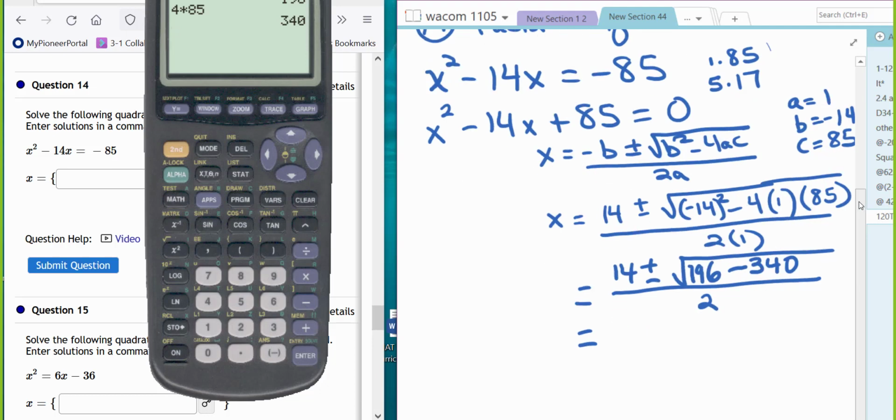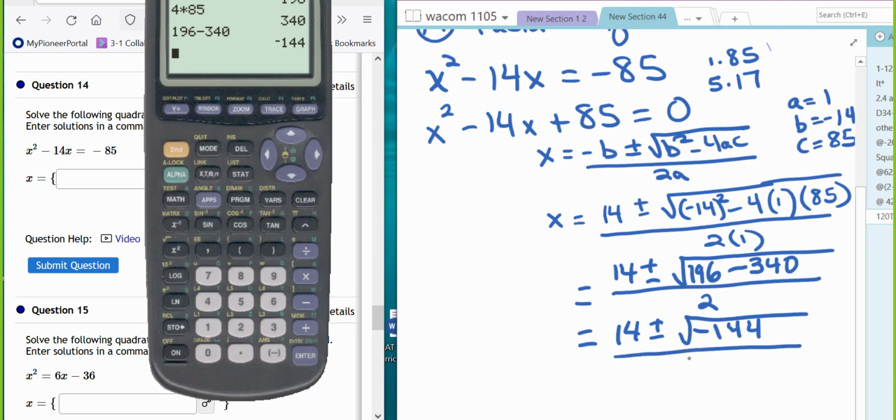So let's see if I can get that to roll a little bit. So 14 plus or minus the square root of 196 minus 340. Negative 144. Oh, this one turns out nice, even though it took us on a little ride.